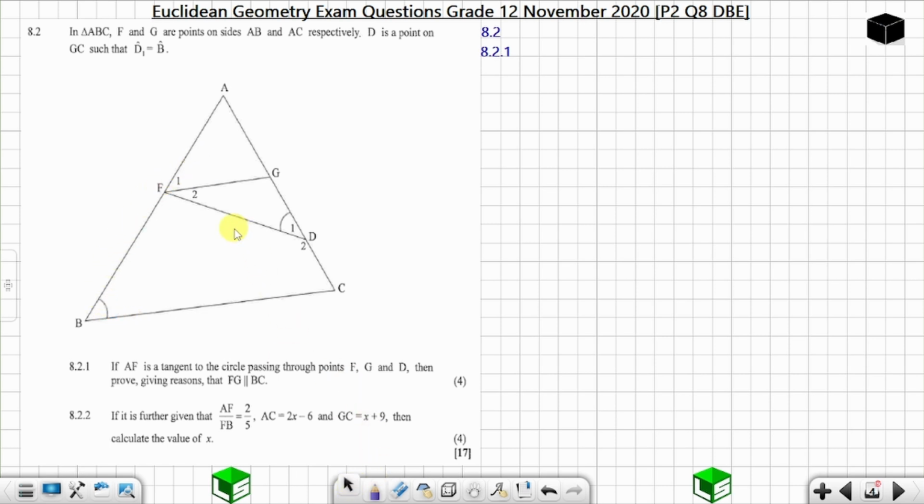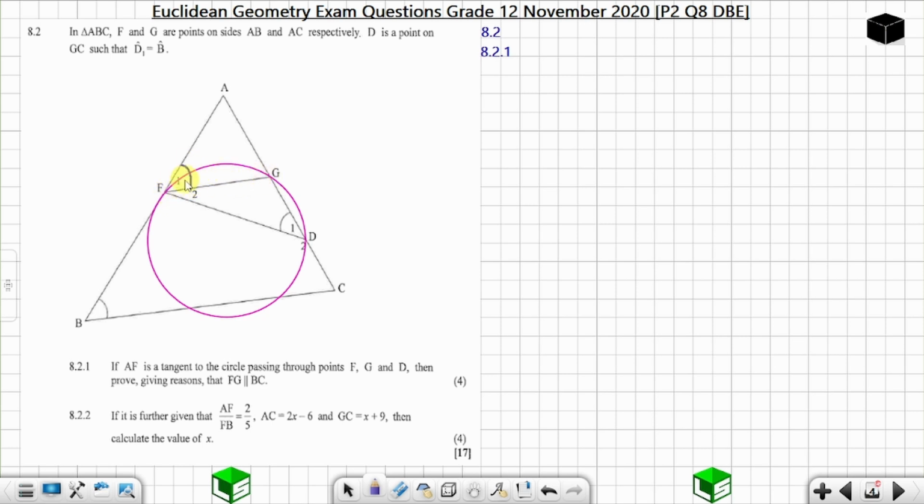You are told you have a circle passing through points F, G, and D. We can use this circle to prove that this angle F1 is equal to the angle B. Using AF as a tangent, you have the angle F1 between the tangent AF and the chord FG.